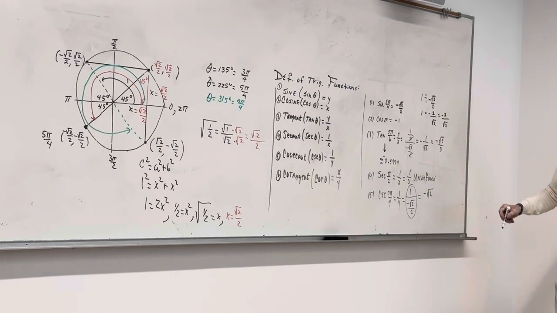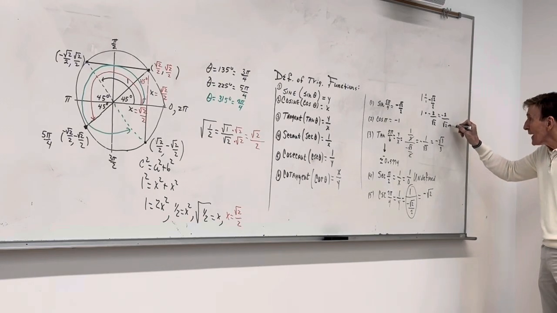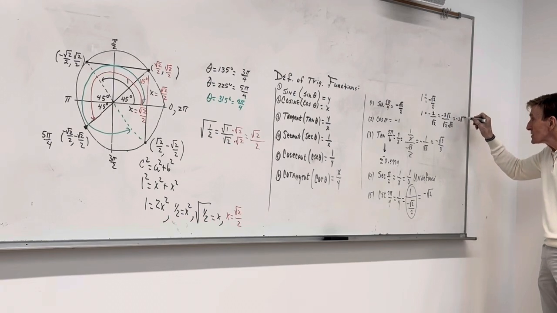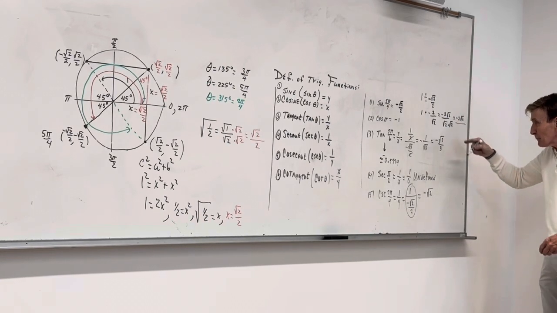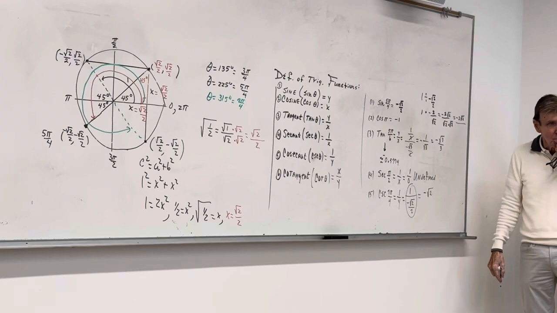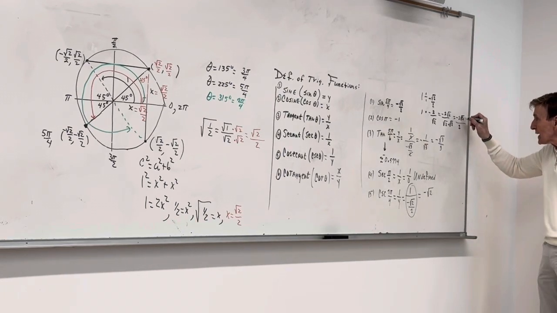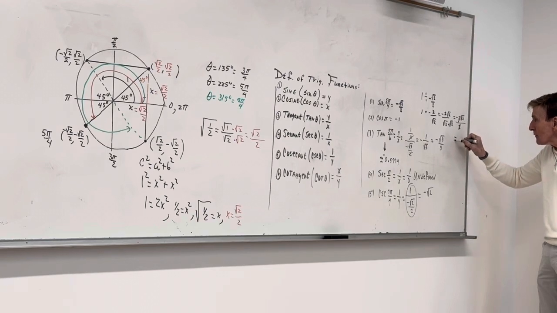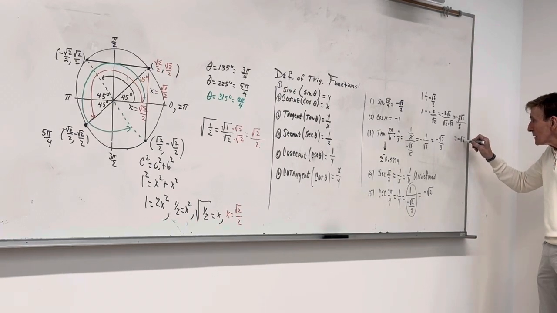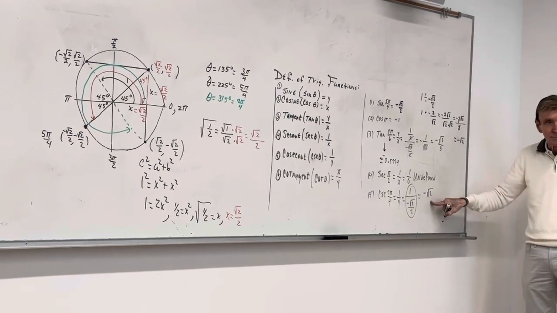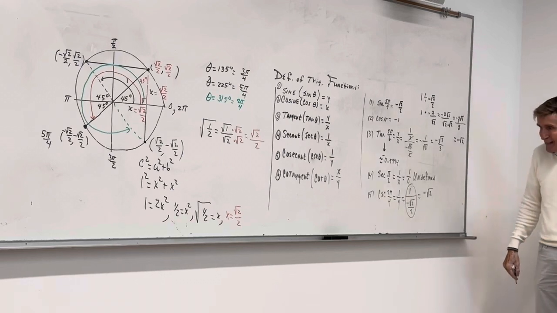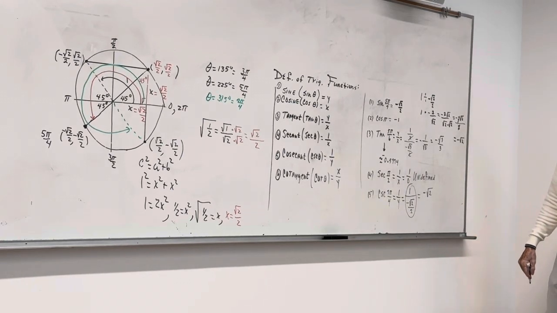I've got to rationalize, but multiply by what? Radical 2. Numerator, denominator. So you have negative 2 radical 2, and the bottom part there is radical 4, which is merely 2. Where the 2's cancel, what are you left with? Negative radical 2. That's the exact answer for cosecant 7 pi over 4.